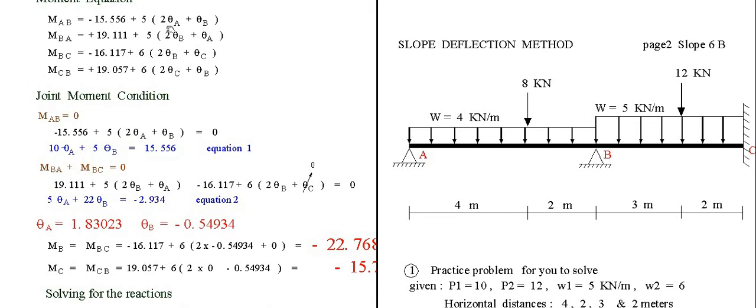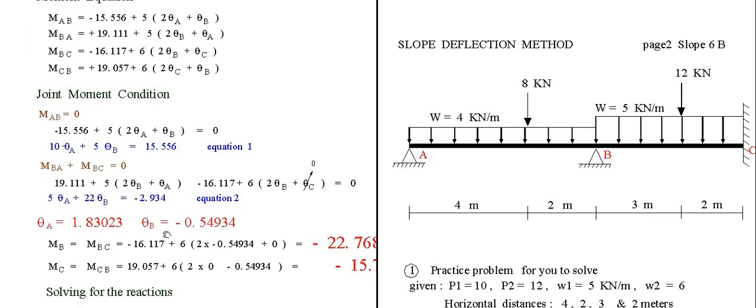We substitute theta A and theta B to moments AB, BA, BC, and CB. Okay, the same formula.